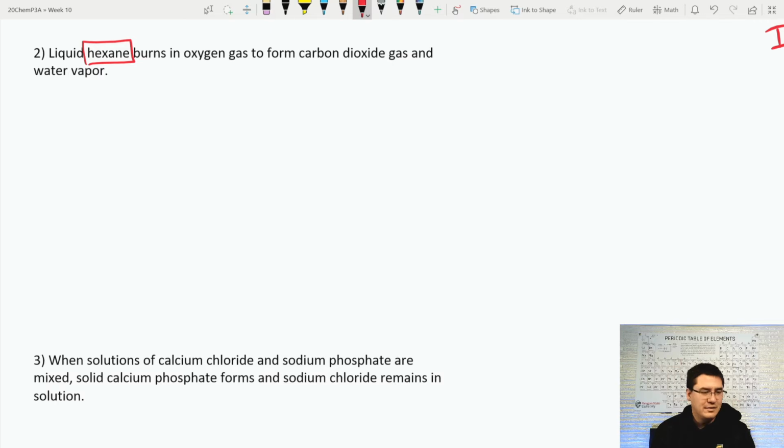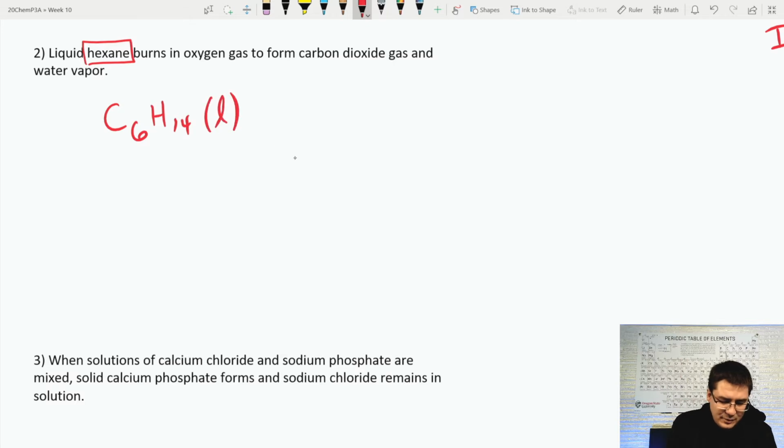You have Google at your fingertips. If you Google hexane, it'll say C6H14 is its chemical formula, because it's got hex, so 6 carbons, and 14 hydrogens. That's a liquid.